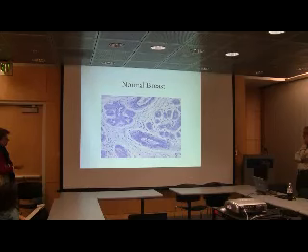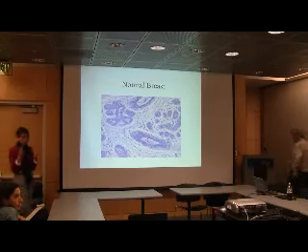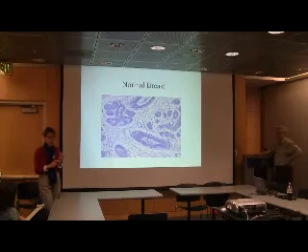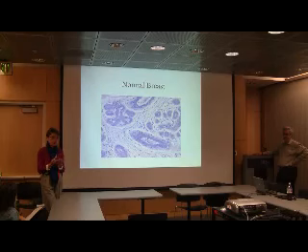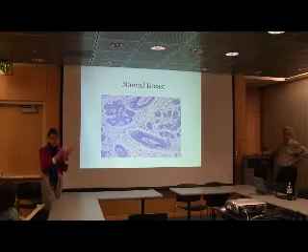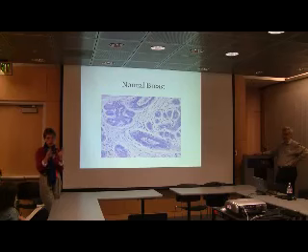But this is an artifact, because the tissue comes fresh from the operating room, and in order to cut it, you have to fix it. So the specimen is put into formalin, and then we cut those 4 millimeter pieces out of the specimen.